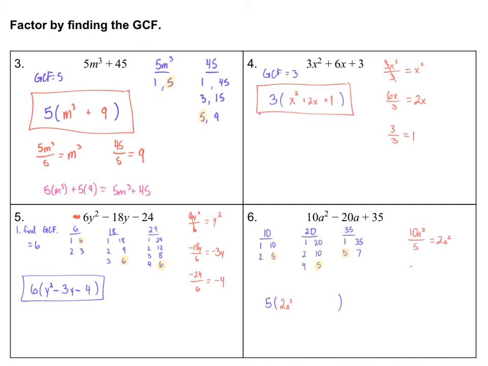Next, we have the negative 20a divided by 5. Negative 20 divided by 5 is negative 4, with the a left over. And 35 divided by 5 is 7, so we have a plus 7. And there is our fully factored form. And again, remember all of these we can check: we could redistribute, and we should get back to where we started.